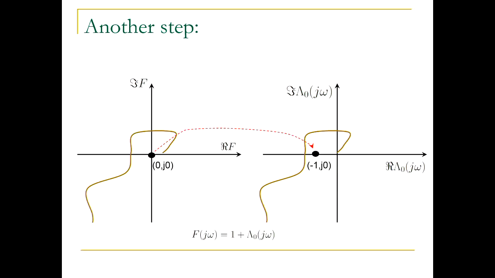So I'm looking at this critical point, and we're looking at the number of clockwise encirclements of that point by lambda 0 of j omega. That's my N. If I have counterclockwise encirclements, N can be negative. So N can be positive or negative, depending on whether it's clockwise or anti-clockwise.